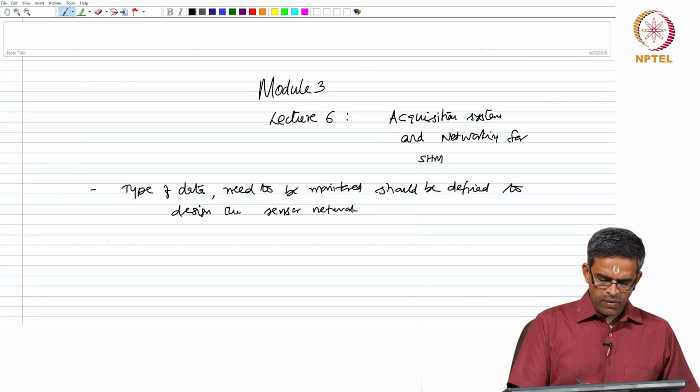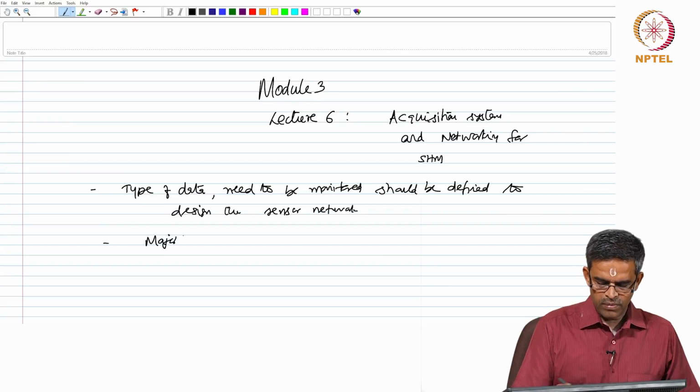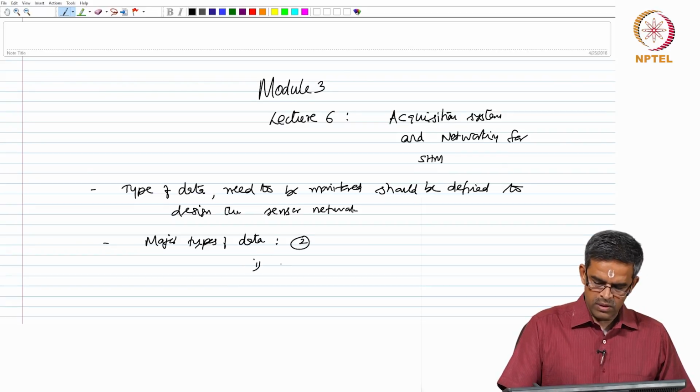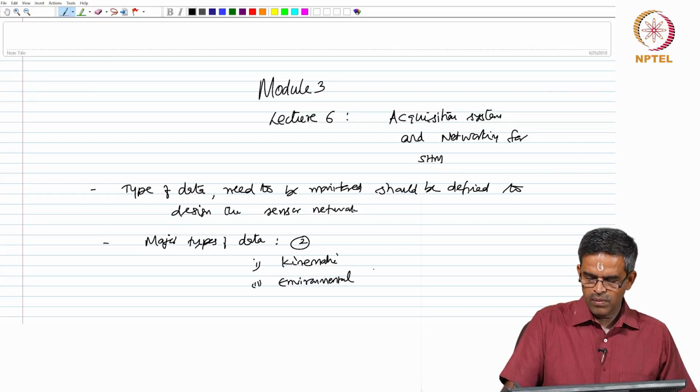Now, there are two major types of data which are acquired. One is kinematic and two is environmental quantities.